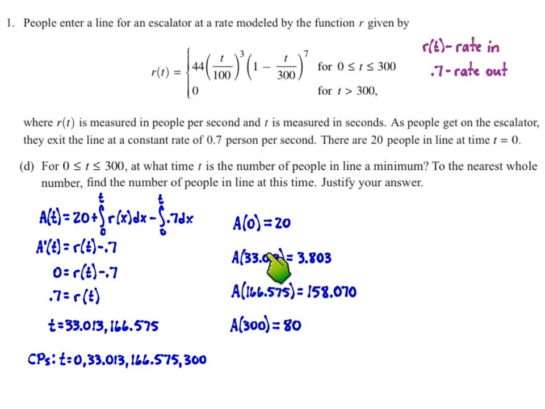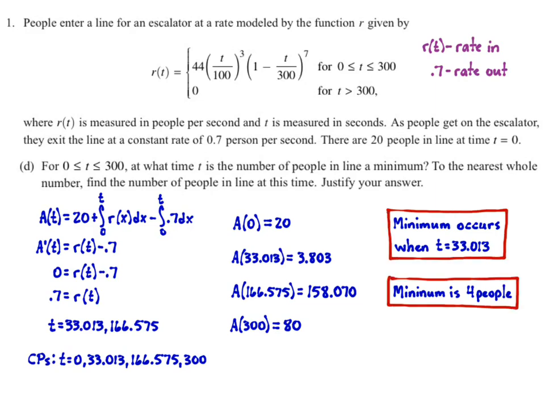The time that took place is 33.013 seconds. So the minimum occurs when t equals 33.013. The next question says, to the nearest whole number, find the number of people in line at this time. Well, that is going to be 4 because that's closest to 3.803. So those are my two answers there.